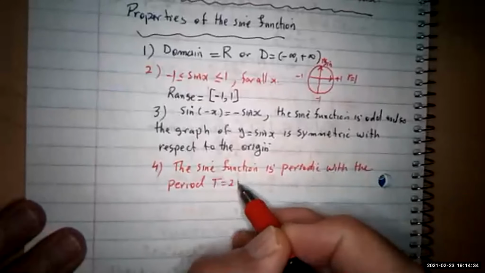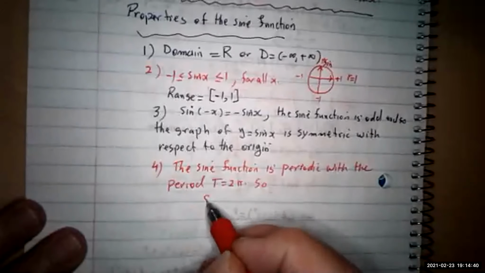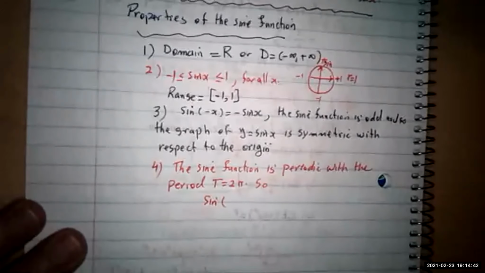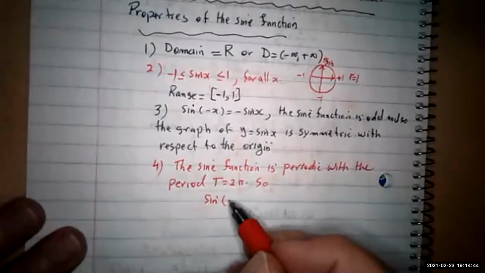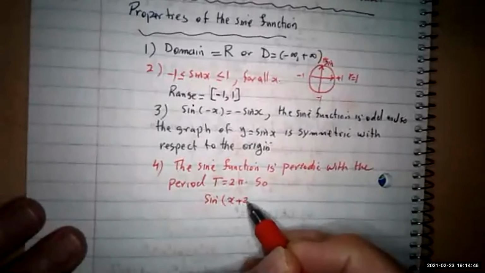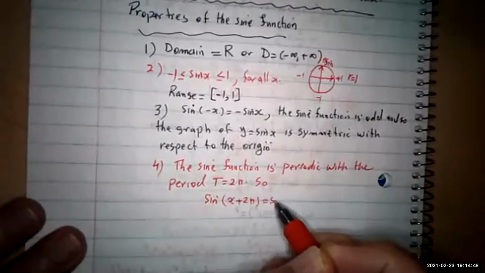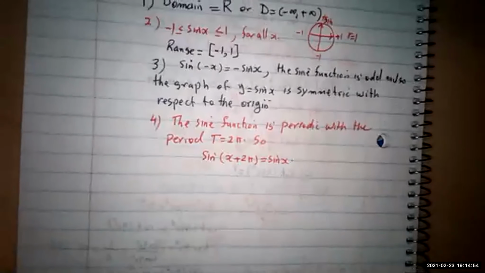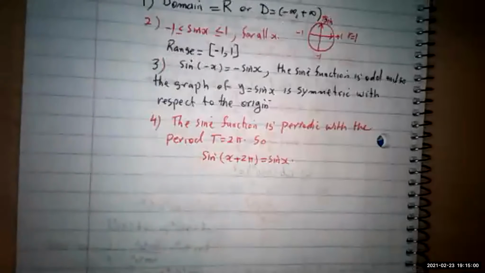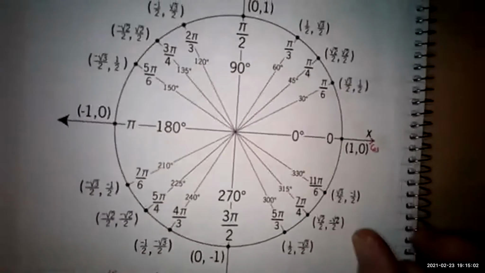So if you want to find the sine of x plus 2 pi, you get back to the sine of x again. If you go around the circle once, you have no other choice but to get back to the original one, because you have to be here.